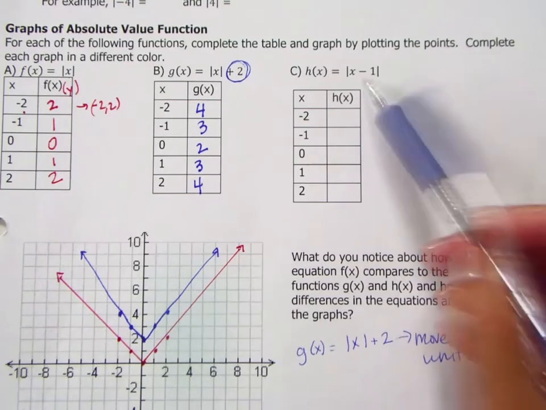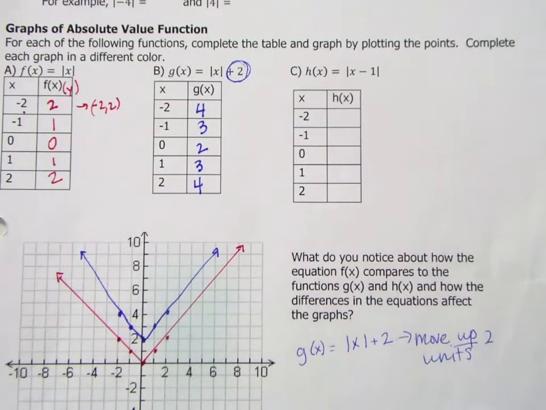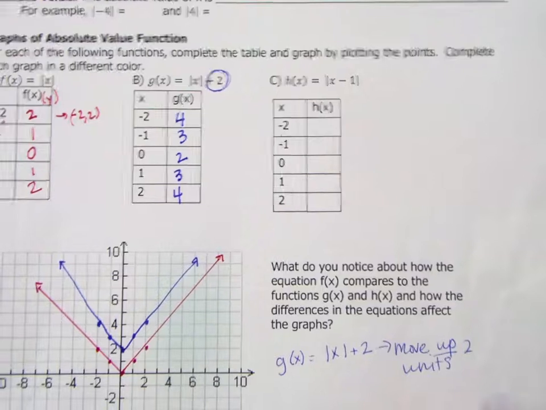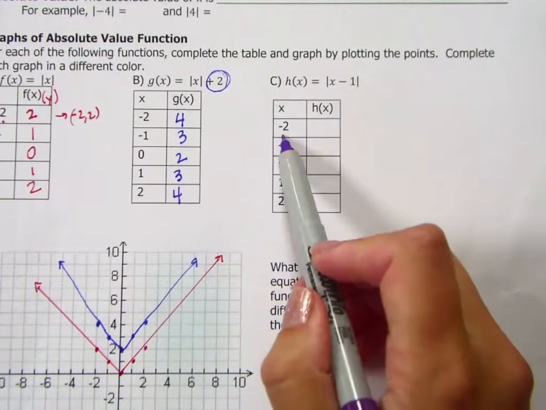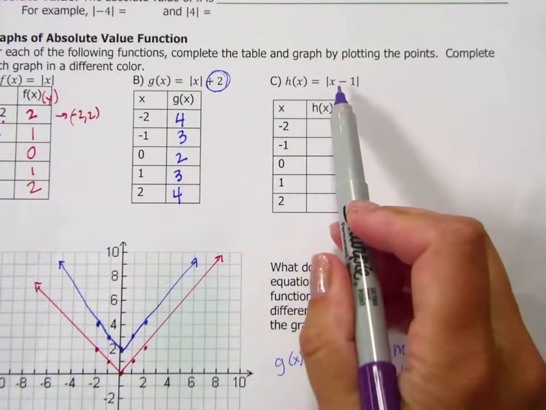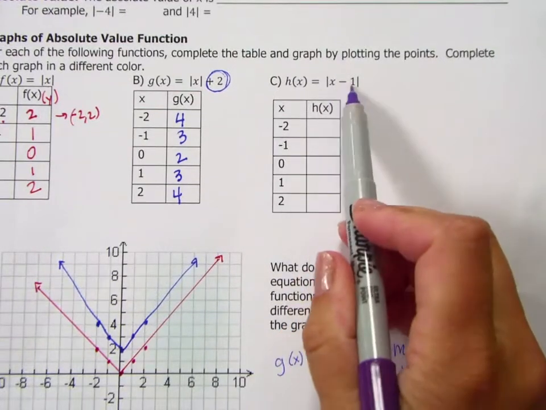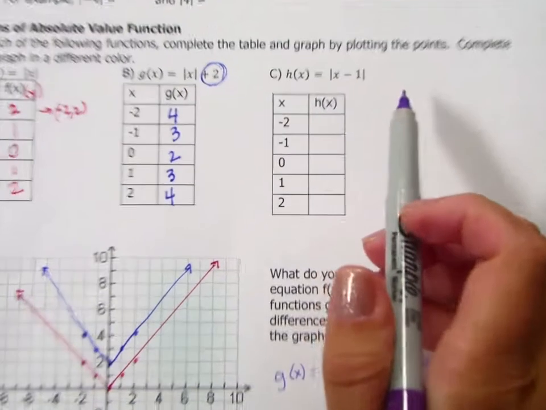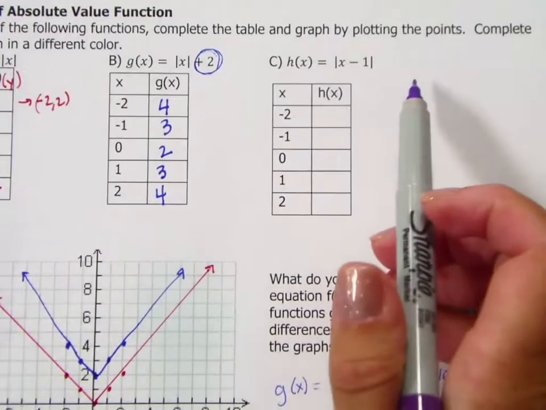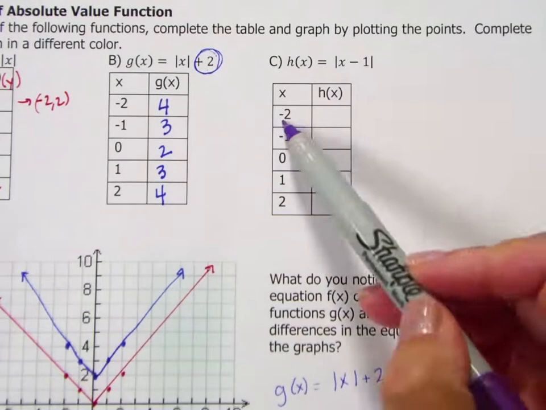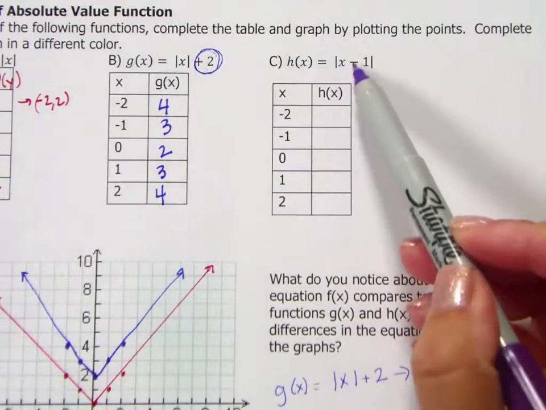So choose a third color. So now what we're doing is a little different. We're taking that value of x, plugging it in, subtracting 1, and then taking the absolute value. So it's a little bit different than what we did on the last one. So taking -2 minus 1, that's -3.